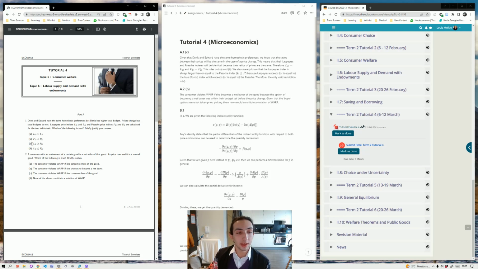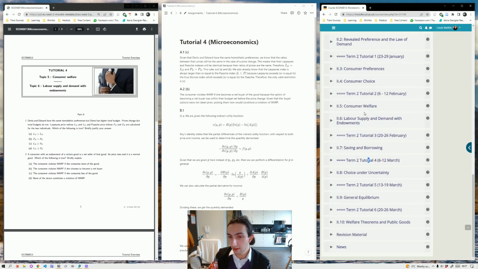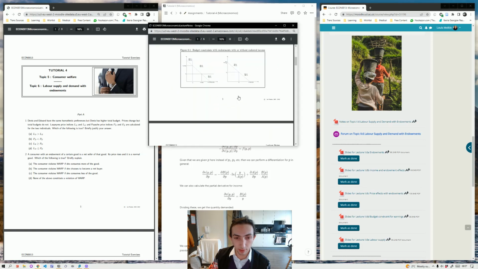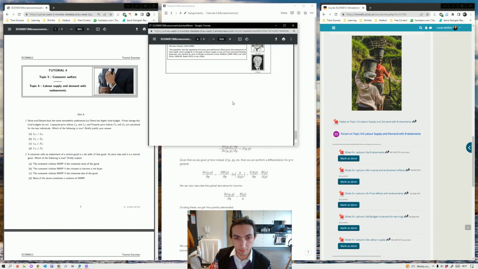Now here we're given Laspeyres and Paasche compared to each other. This one says Laspeyres is above Paasche, and this one says Laspeyres is below Paasche. If you remember from week 5, I think, I can open it and show you as well.